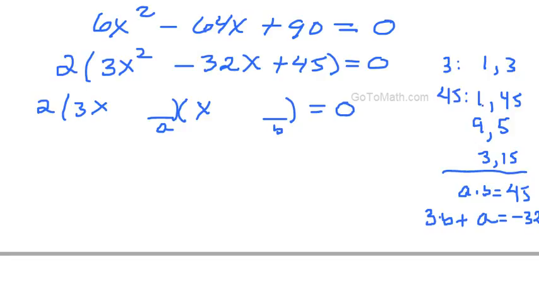Okay, let's just go through our possibilities. 1 and 45: if I put a 1 here and 45 here, 1 minus 45 is negative 44. Wait a minute, the product has to be a positive number. That means both numbers have to be negative.